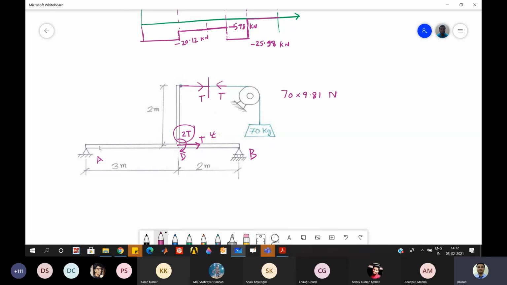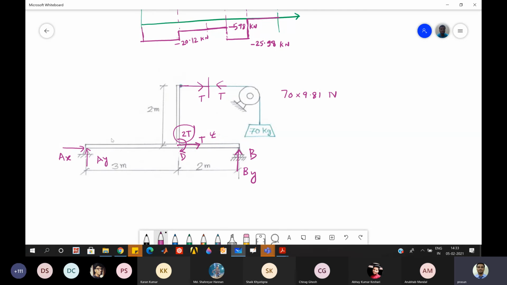Only the force will be needed, because the couple will anyway give some forces in AY and VY. So if I draw the entire free body diagram, this is A, here roller, so that's why VY, here pin, so AX and AY.